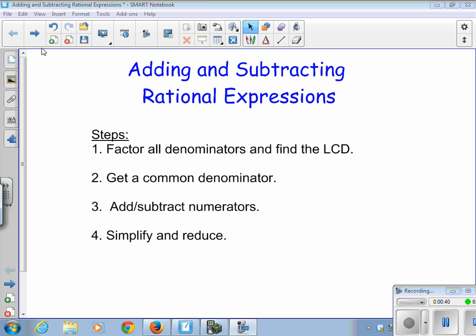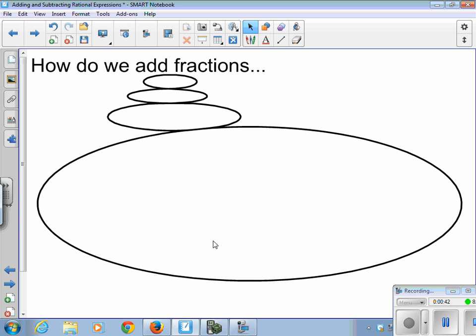And I'm going to first just talk about how we add fractions in general without any kind of variables or anything hard. We're just going to look at some really easy examples. If I wanted to add 2/7 and 3/7, I could add those because the denominators are the same.